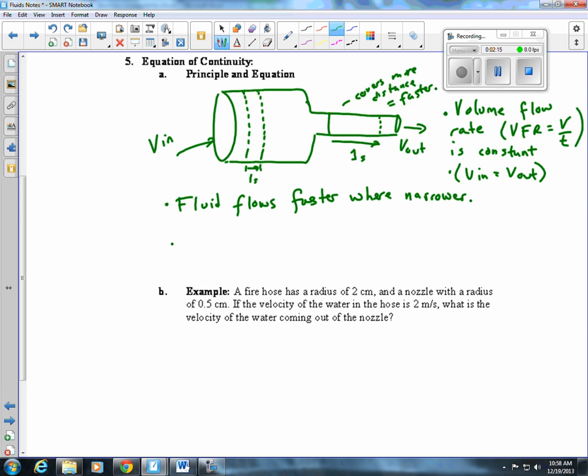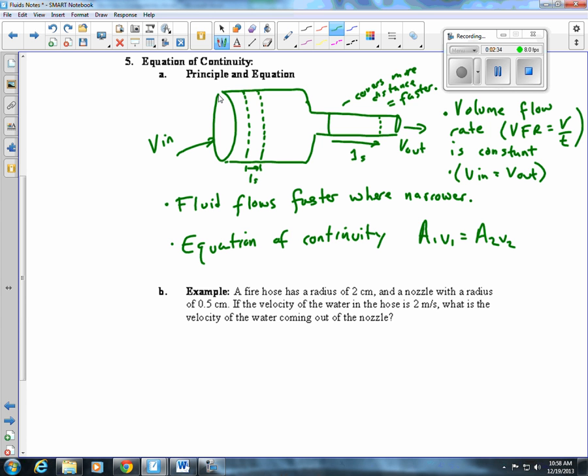The equation of continuity is that A1V1 is A2V2. You have to be careful, those are lowercase v's for velocity, not big V's for volume.